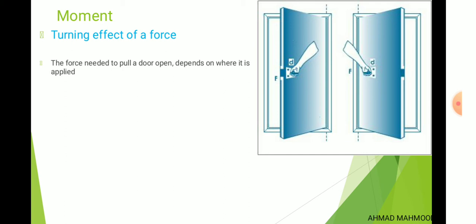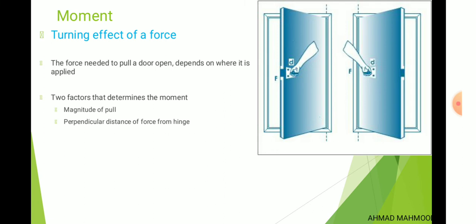So, if you apply a force near the hinge, the turning effect will be less. But if you apply a force away from the hinge, as in the door which is on the left side, the man is applying the force away from the hinge, so there will be more turning effect. So it means there are two things that will determine the movement.